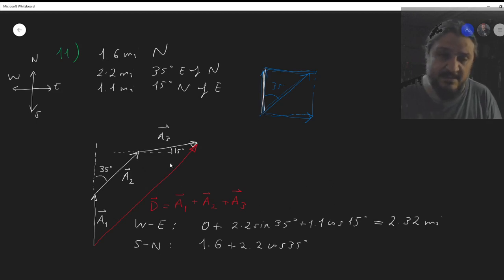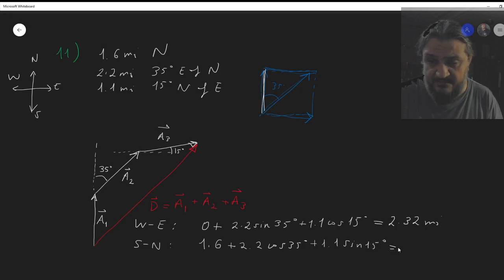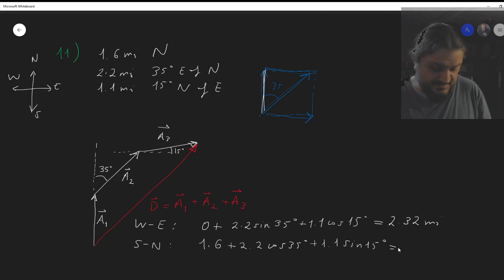And then A3 will contribute 1.1 times sine 15. All right, so 1.6 plus 2.2 cosine 35 plus 1.1 sine 15. Okay, this is 3.686, let's say 3.69 miles.